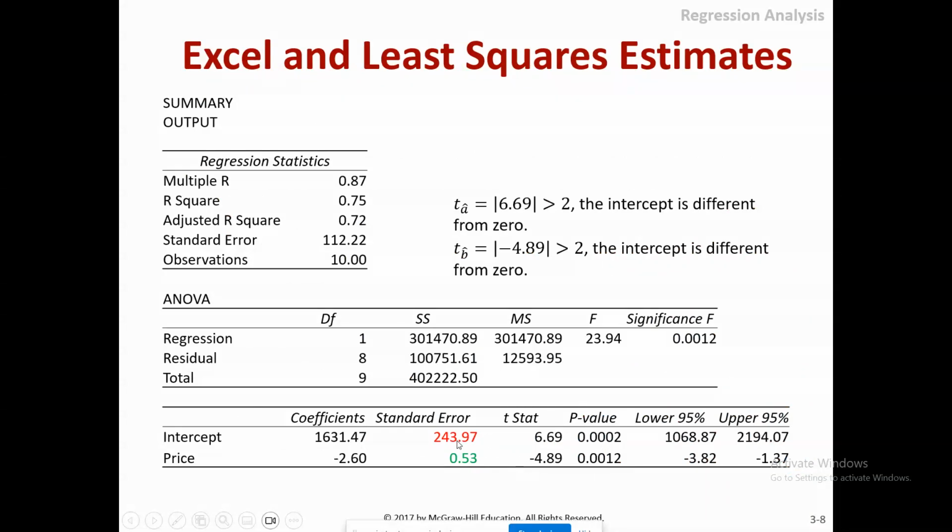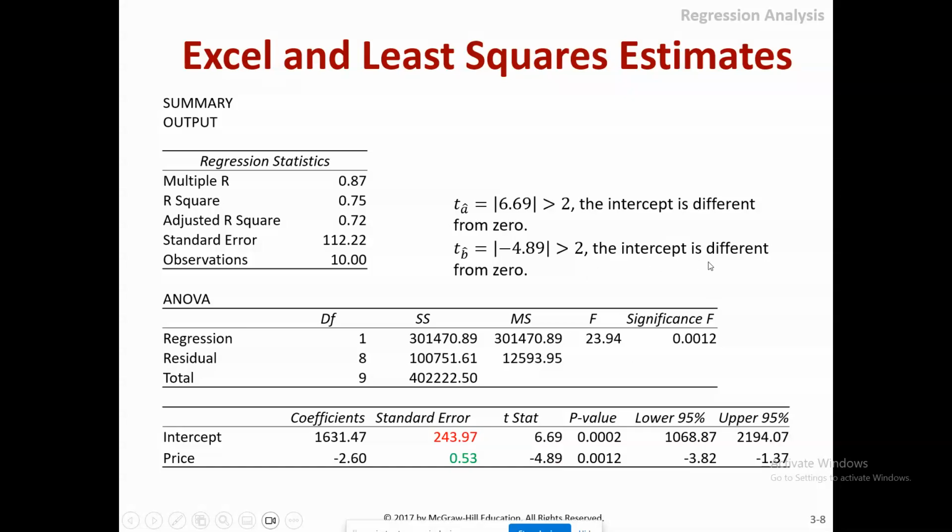So we can see the standard error here is relatively small for the price compared with the coefficient. And the t statistic, we can see the absolute value 6.69 is larger than 2. Absolute value 4.89 is larger than 2.